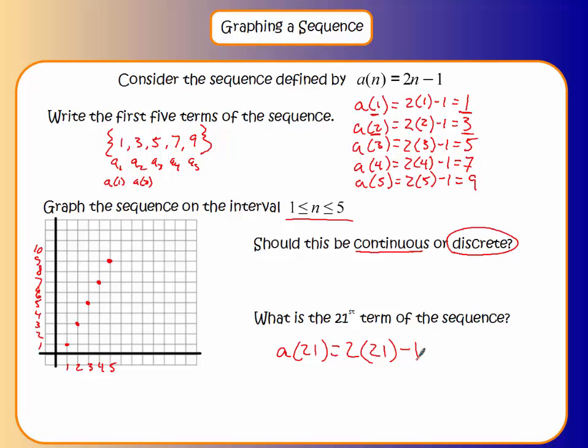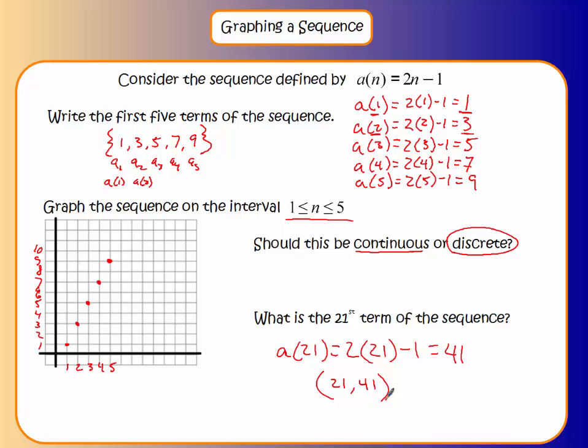And 2 times 21 is 42, and 42 minus 1 is 41. So the 21st term is 41. And if I wanted to write that as a coordinate, I would have 21 comma 41.